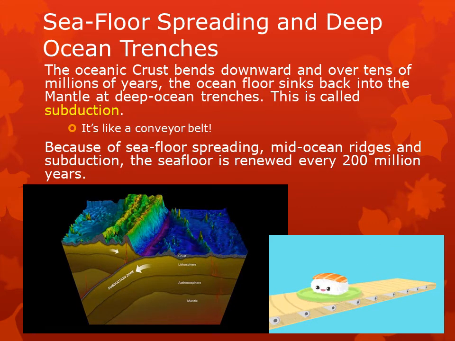That's why it's made up of granite. But the new seafloor is made up of basalt, an igneous rock that forms from the cooling of lava and magma. All right? And it's not being changed much. It's just being renewed through this conveyor belt-like process.